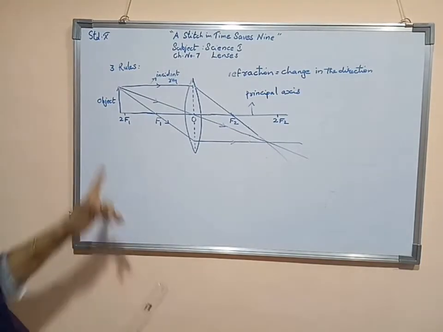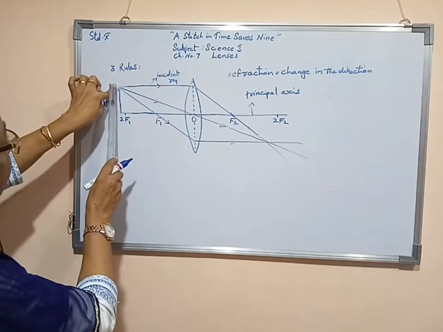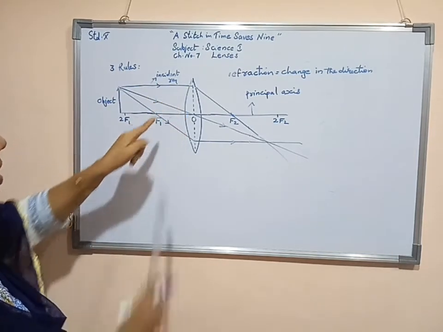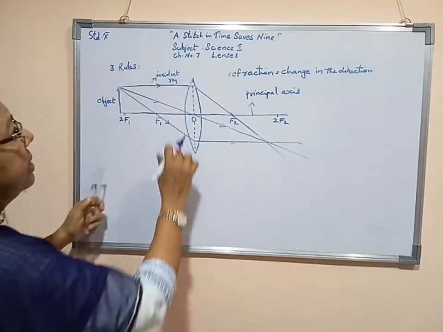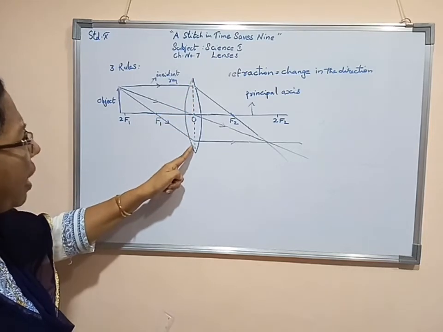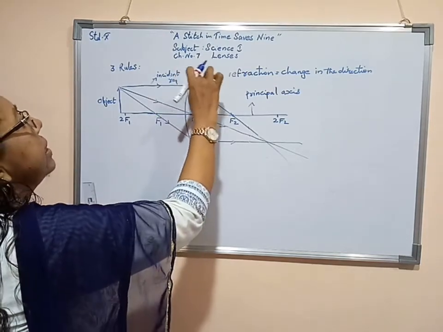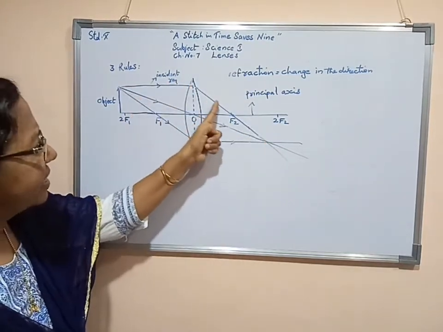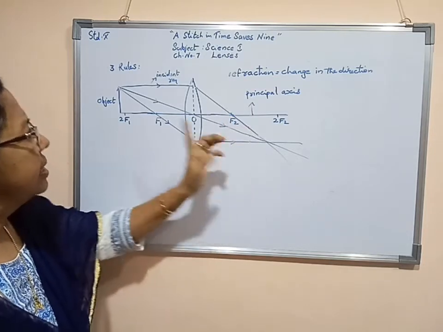So here we can see that first rule, the ray which is passing from object towards the lens, once it is hitting at the lens, at the middle part. After hitting, what is happening? It refracts. This ray, its direction changes and it passes through the principal focus.